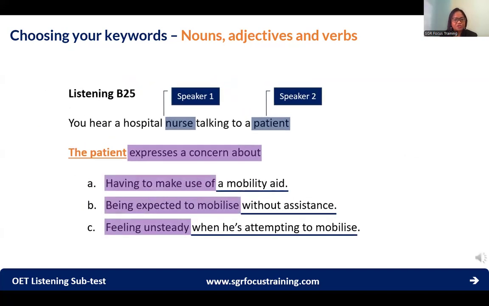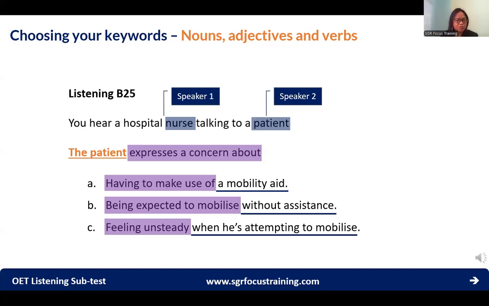To choose your answer, you must make sure that when you hear mobility aid, which is option A, it is discussing the patient's concern or worry about using them.